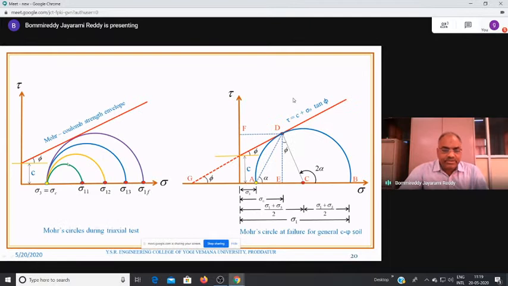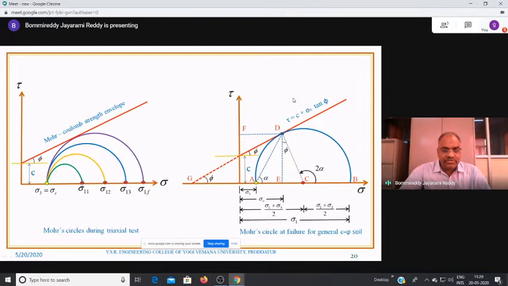Now look at this diagram. What we normally do is apply sigma 3 initially for the test setup. Here this is the value. And we apply the normal stress continuously, and this is the major principal stress.